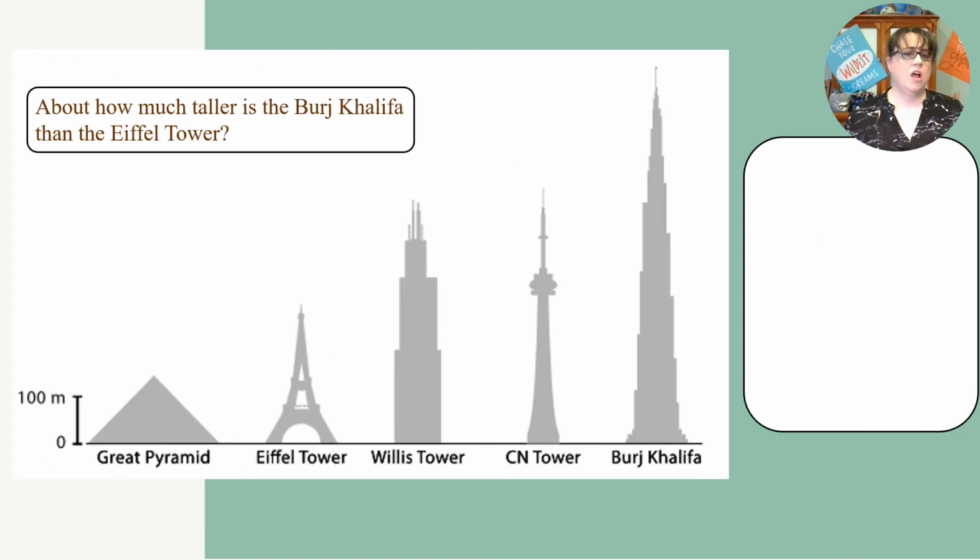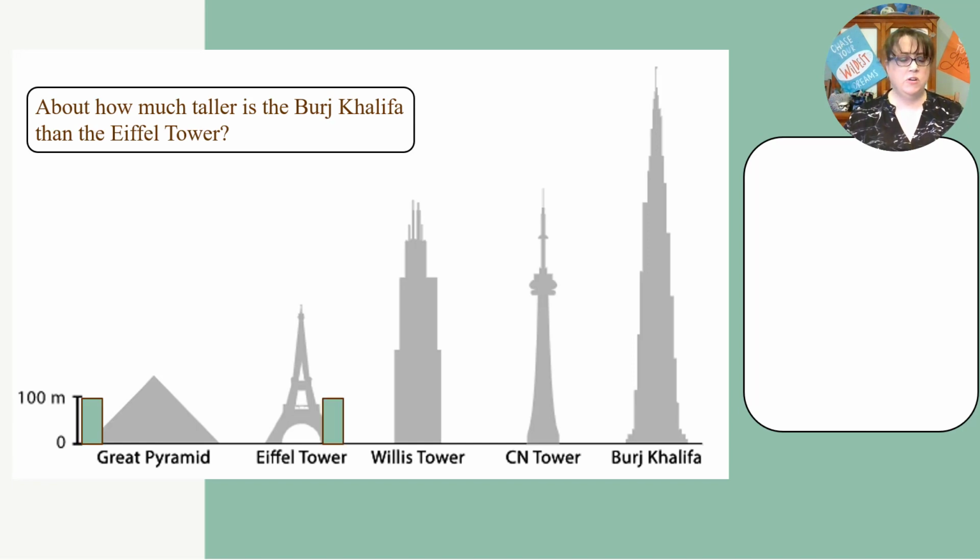So about how much taller is the Burj Khalifa from the Eiffel Tower? So I could go figure out their total height and then subtract them. I absolutely can do that. But that would require 2 conversions when really I only need to do 1. So I know that's 100 meters right there.